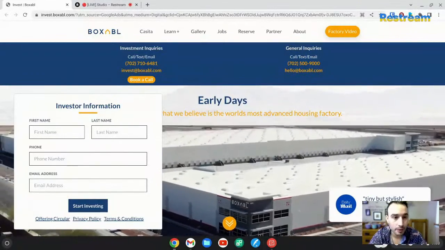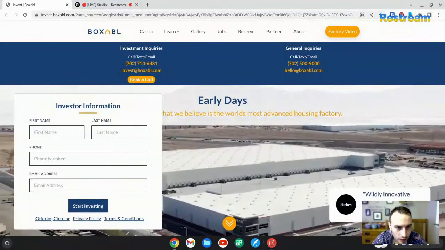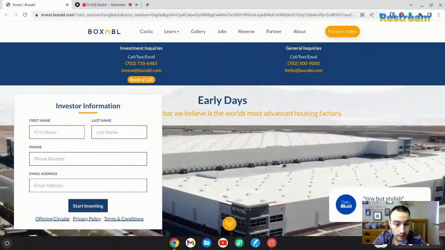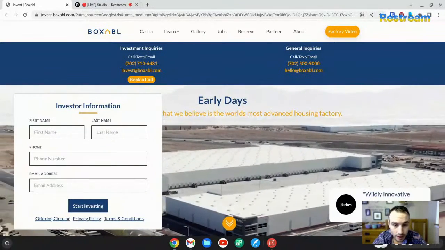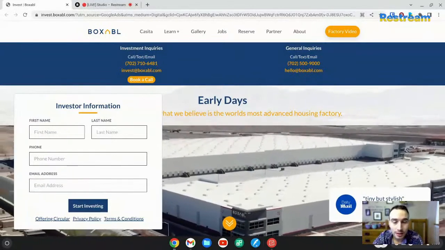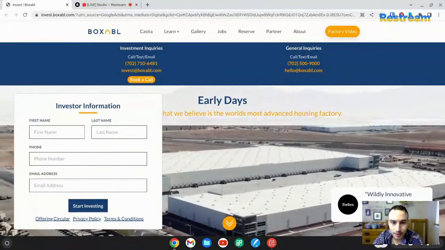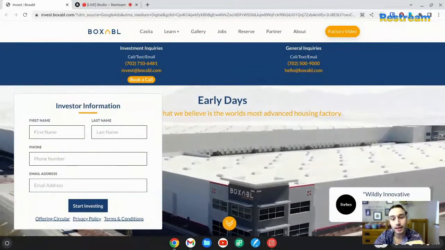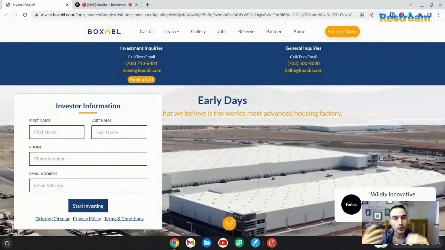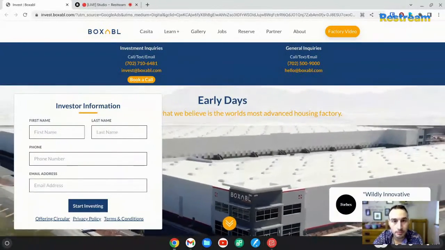Okay, now we have a picture of a huge-looking warehouse. And it looks real. It could definitely be CGI. CGI is very advanced, but just the fact that it looks like they have a real factory established seems like that adds credibility here. It seems like the company already has some sort of traction. They've already built a factory, although it could just be a mock-up.